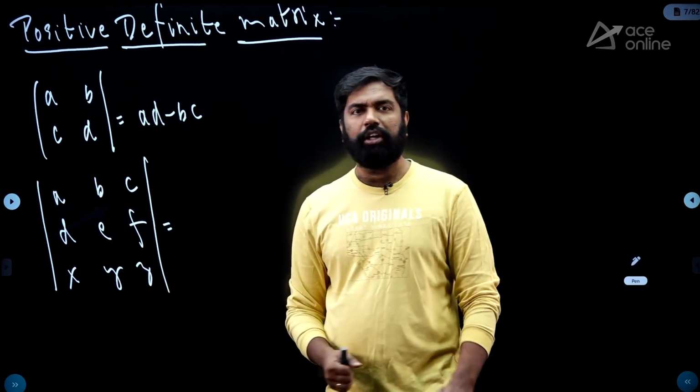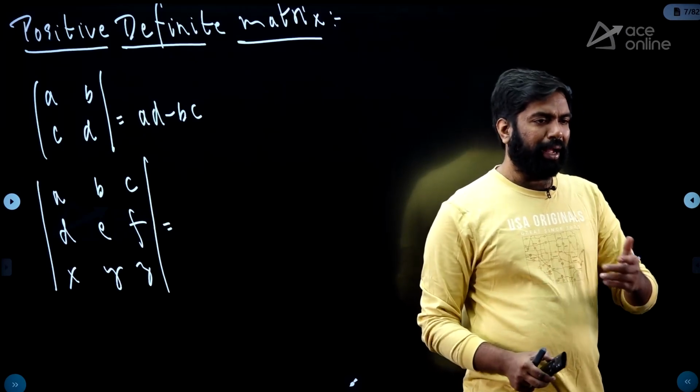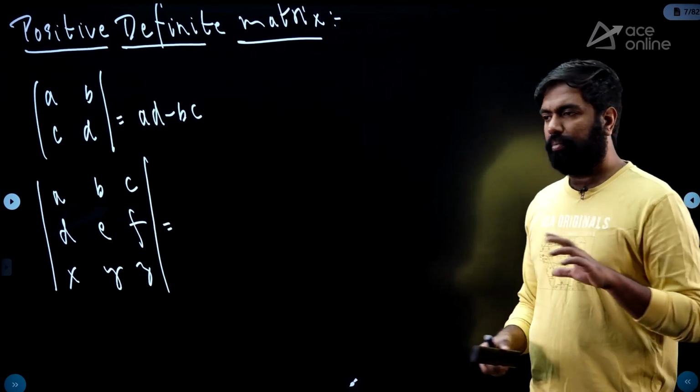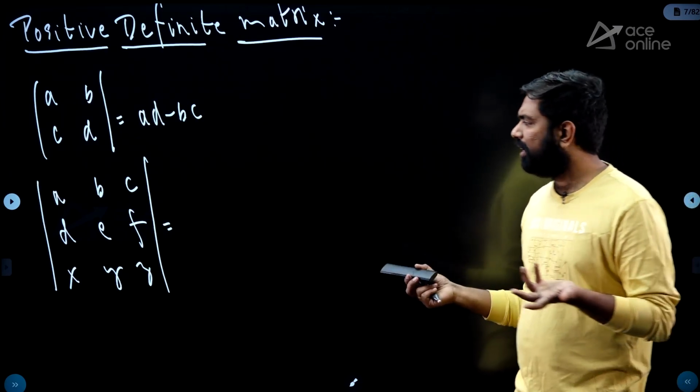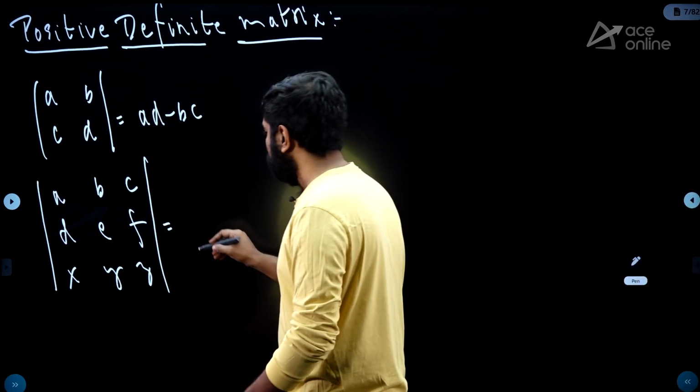However, a 3 cross 3 determinant will not be asked directly if you look at the past data, but maybe in some process, like finding eigenvalues, or in some other case, you might need this determinant. So how do you find it?